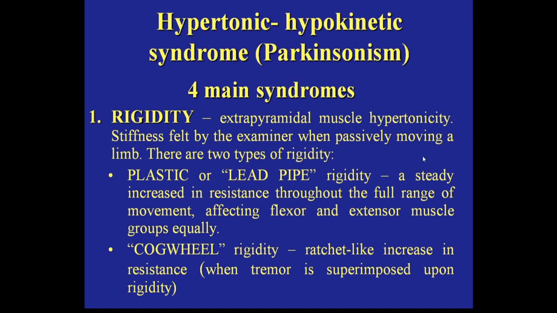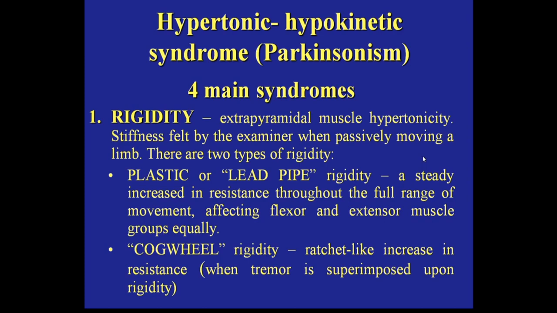In this case, we have absolutely another type of muscle hypertonicity: rigidity. Rigidity is typical for extrapyramidal hypertonicity, spasticity for pyramidal hypertonicity.